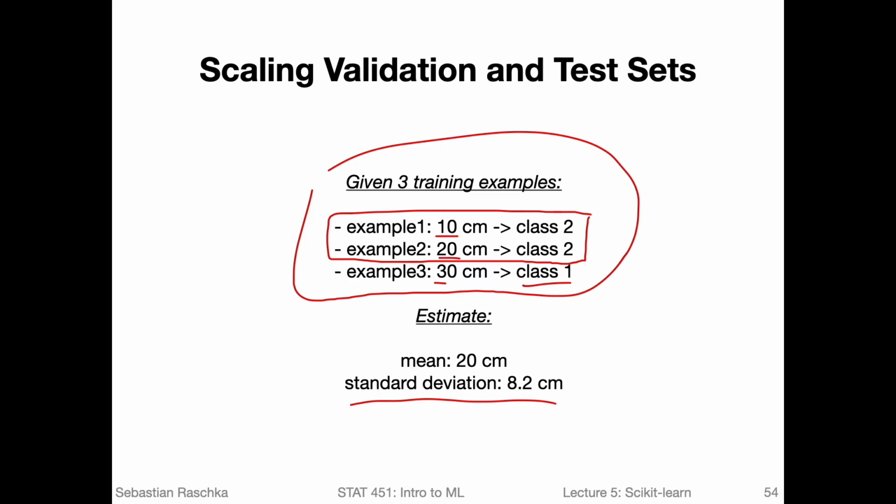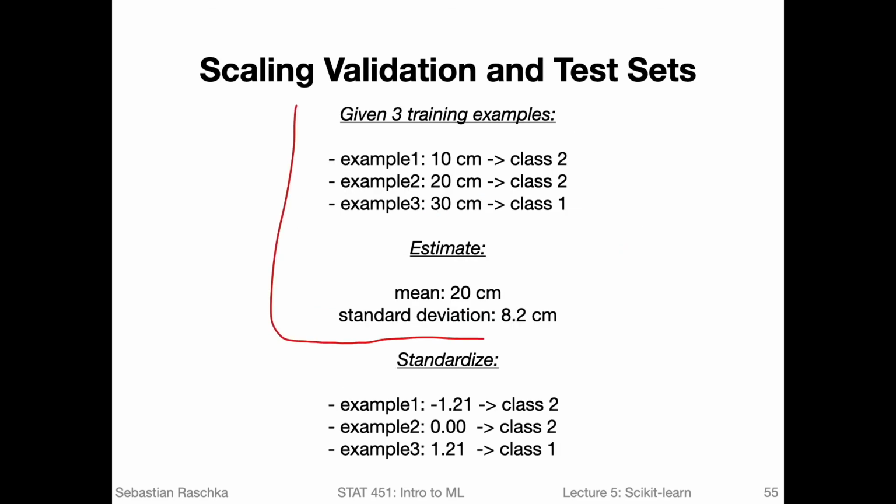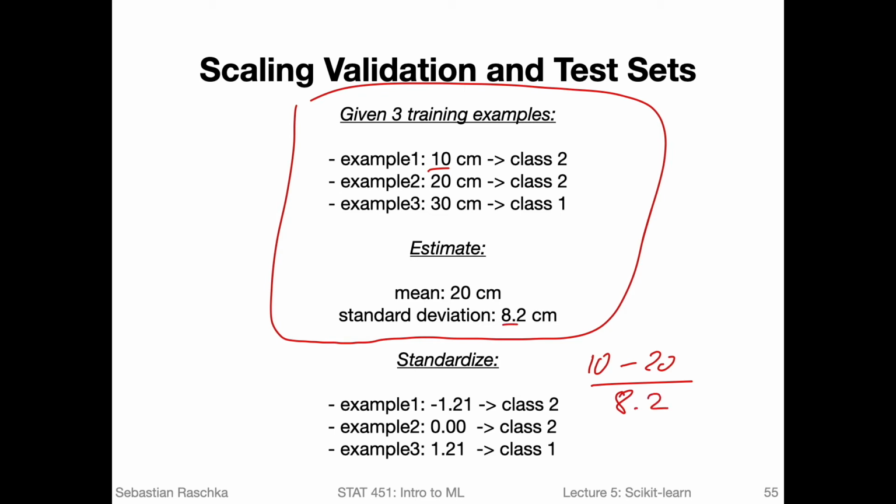Very simple. So again, here's the training set from the previous slide as a reference. And then let's now standardize the training set. So to standardize the first training example, we would have 10 minus 20 centimeters divided by the standard deviation, which is 8.2, right?